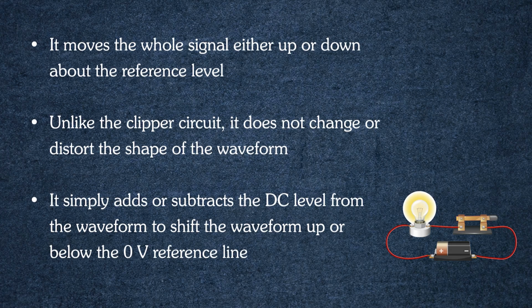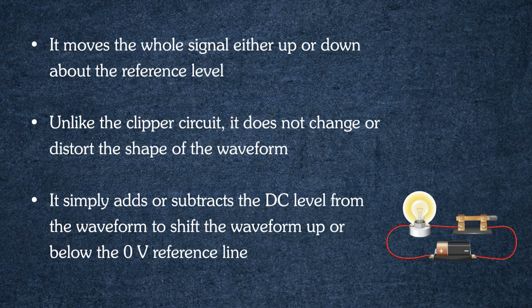It moves the signal either up or down about the reference level. As we have discussed, there is a reference level above which the part is called the positive half, and below the reference level, the negative half is shown. So what a clamper circuit does is it either moves the signal up or down with respect to the reference level.